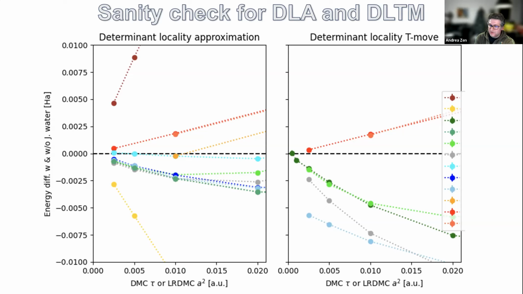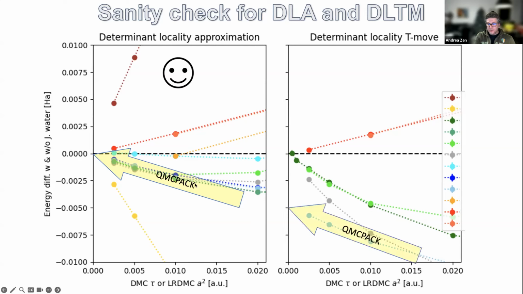It should be the same because that was the purpose of the method. And in DLA, it is the same. Here the QMCPACK results are these in light blue. So this is good, but it is not so in the DLT-move. I'm not sure, but it seems it is not doing the intended scheme, so that's why I didn't report it.